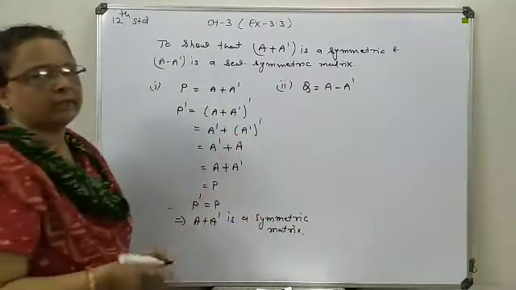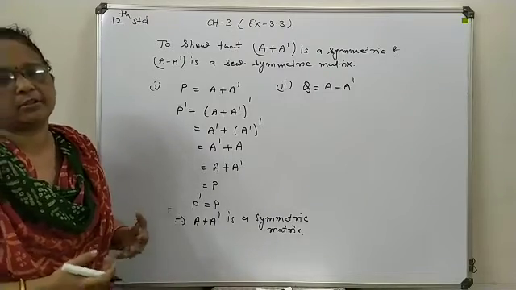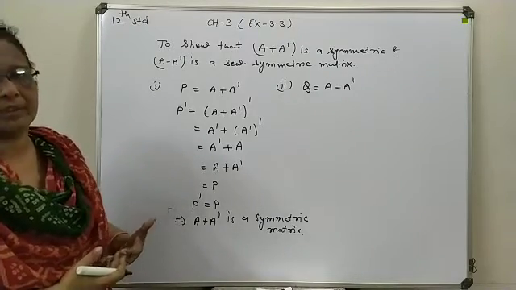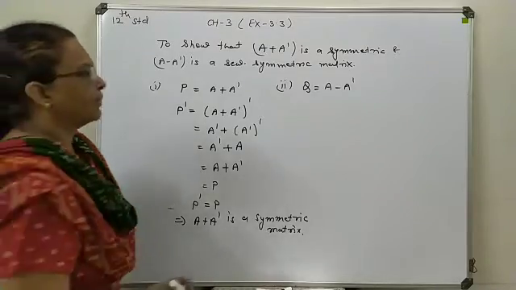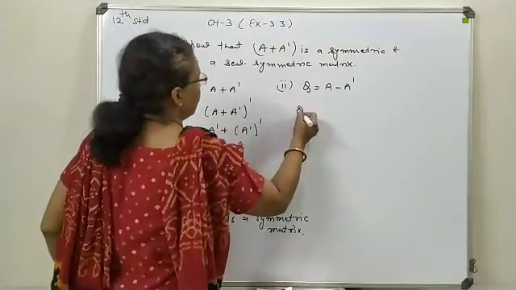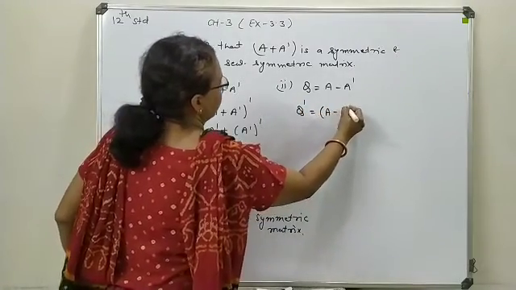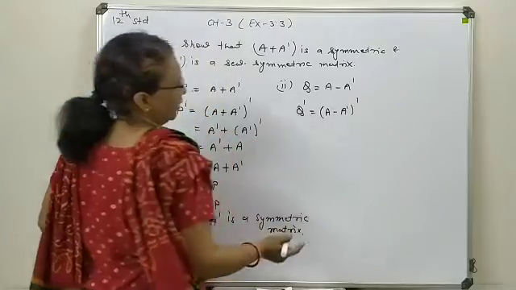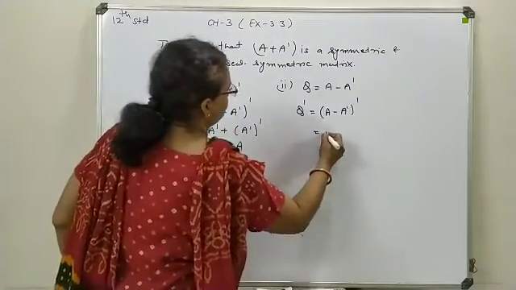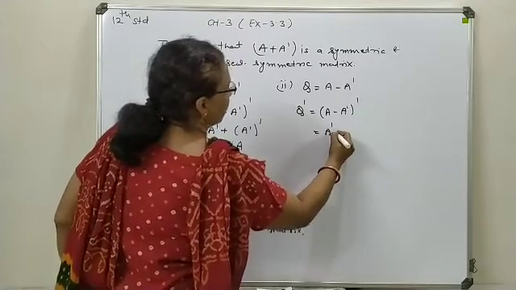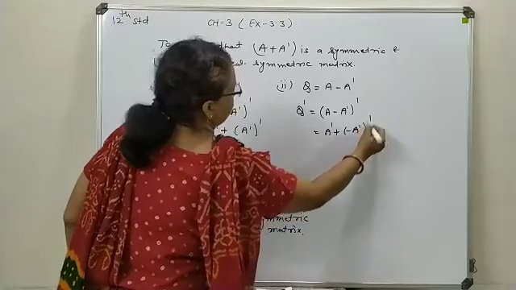Again we evaluate its transpose and look at the interrelation generated between the transpose of Q and Q. So the transpose of Q we write as A minus A dash and its whole dash. Again implementing the property of the transpose, it is A dash minus A dash and dash.